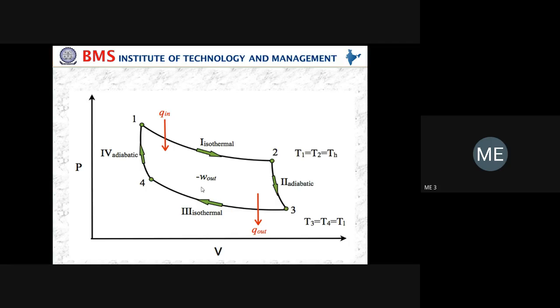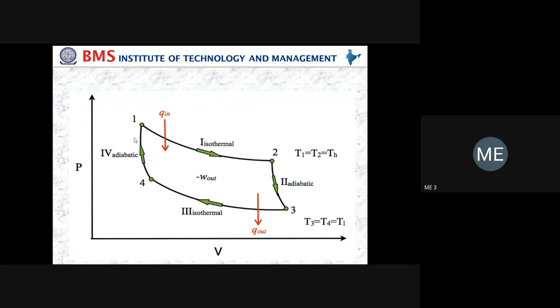Okay. And then finally, in order to complete the cycle, we have the last process called adiabatic compression process. Adiabatic compression process means both pressure and temperature increase, volume decreases.